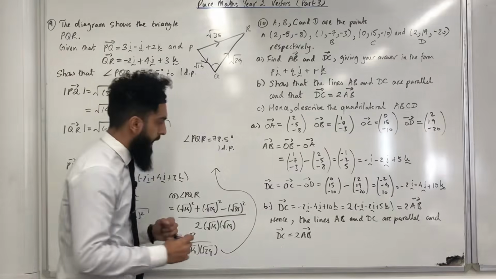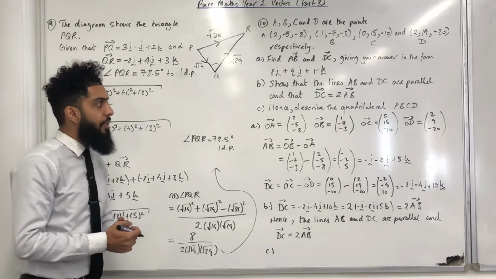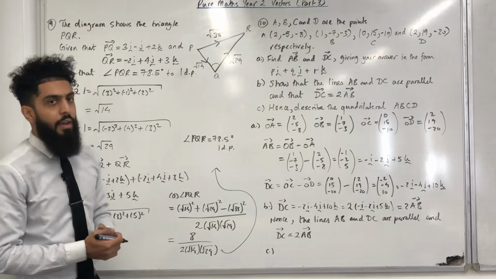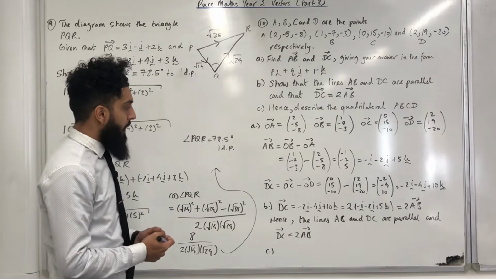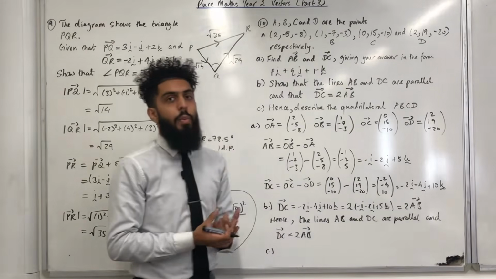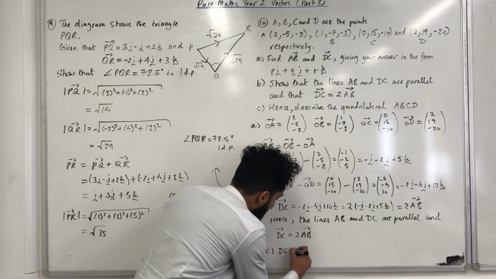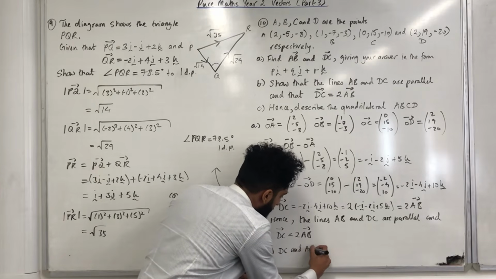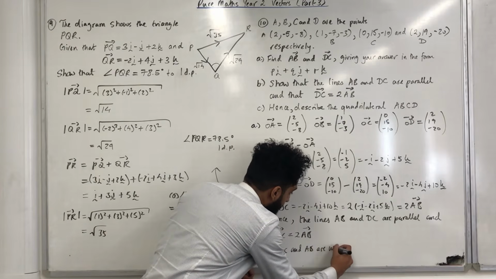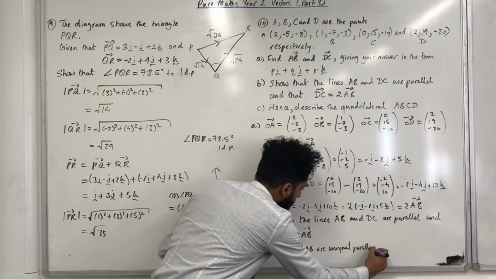Moving on to part C. Hence, describe the quadrilateral ABCD. Now we have that DC and AB are unequal parallel sides. So we can write DC and AB are unequal parallel sides.